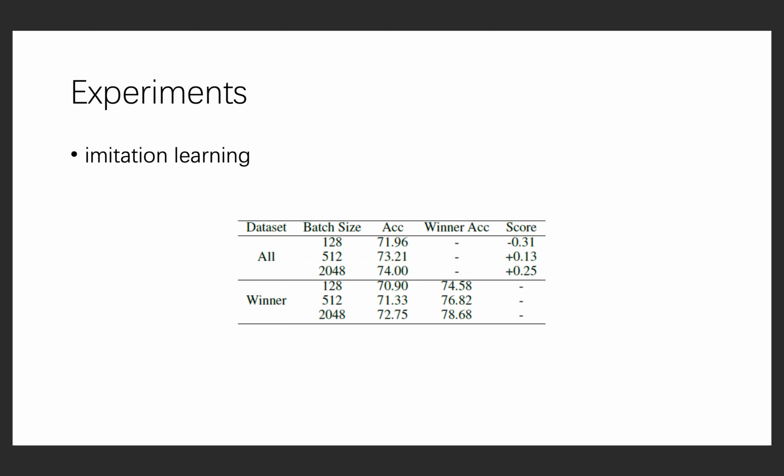The last column of this table is the score of the two models against each other. Both models are trained on the same batch size, and the only difference is the datasets. When the batch size is small, the supervised winner model wins more points, but when the batch size becomes larger, the supervised all model, using a large amount of data, gets a positive score.